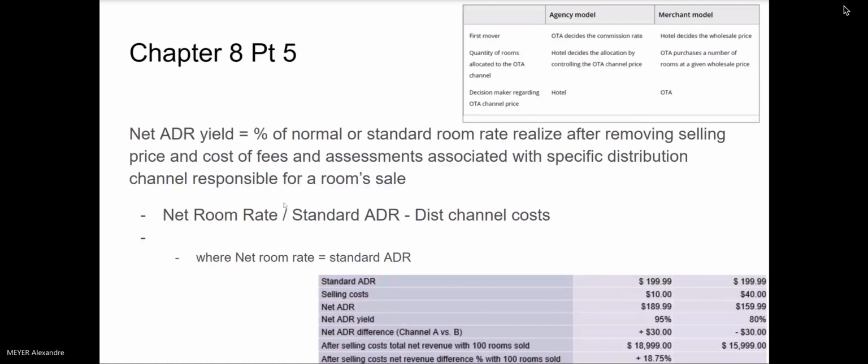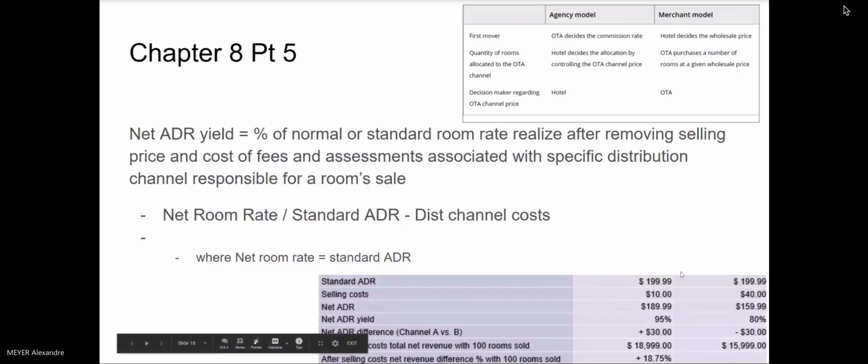I know I put a divide there, there's a typo, so my apologies for that. So the net room rate is the standard ADR minus the channel distribution costs. And to get the net ADR yield, it's the net room rate divided by the standard ADR. Okay, so net room rate divided by standard ADR is equal to the net ADR yield.